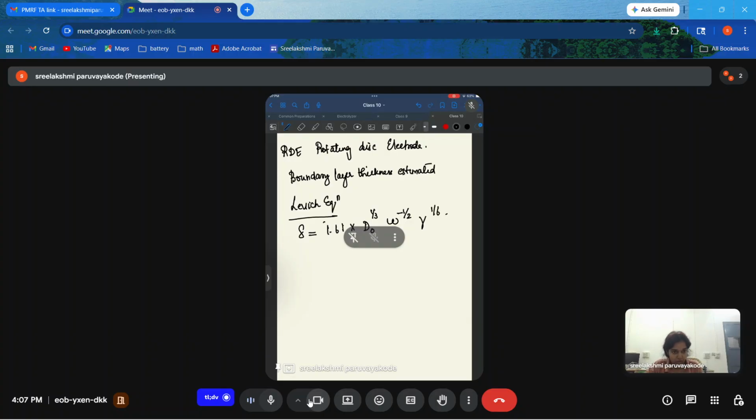Now, there are certain units for D0, omega, or nu that you have to use, because by accounting for those particular units only, we are getting the value of 1.61. And in this case, your answer will be in centimeter. So unit is important.